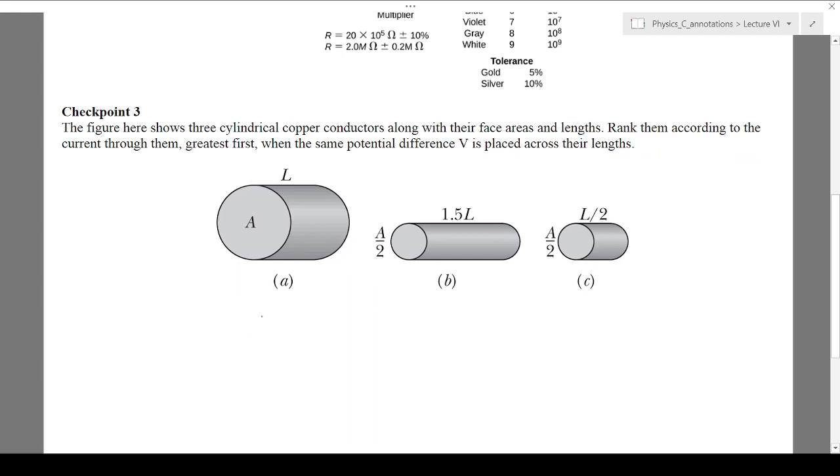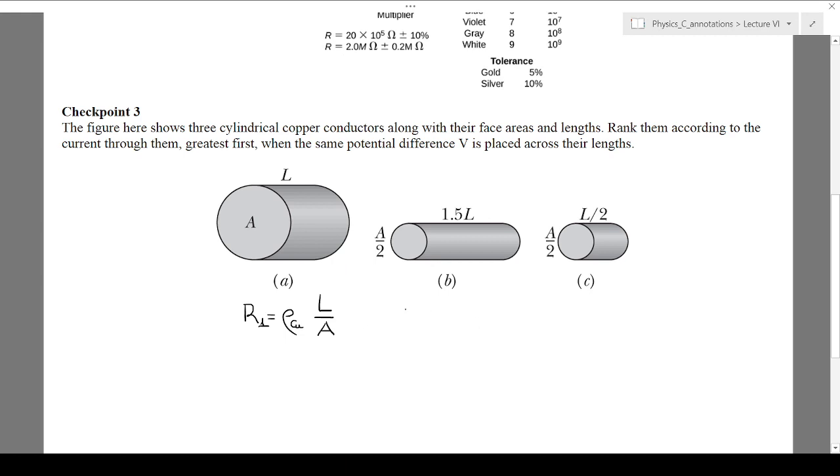The problem is asking us to rank these according to their resistance. For the first one, we know this is the same material for these, so the resistance is the resistivity of copper times the length divided by the area.